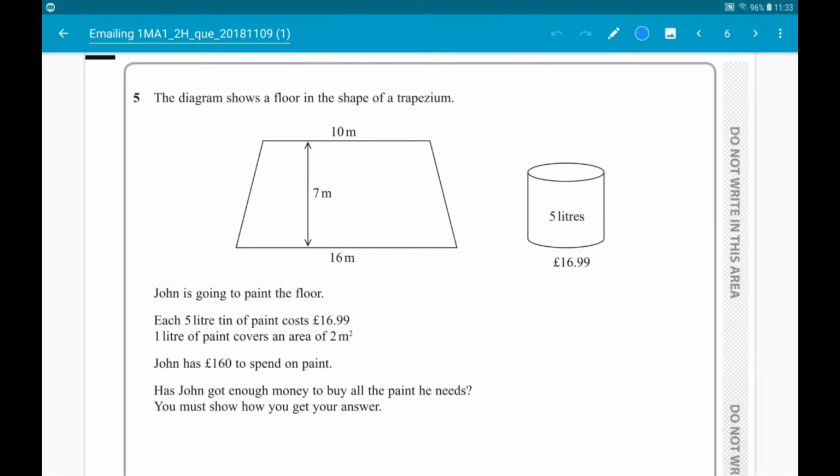Okay, number 5. The diagram shows a floor in the shape of a trapezium. We are told John is going to paint the floor. Each 5 litre tin of paint costs £16.99. 1 litre of paint covers an area of 2 metres squared. So straight away, I would stop there.